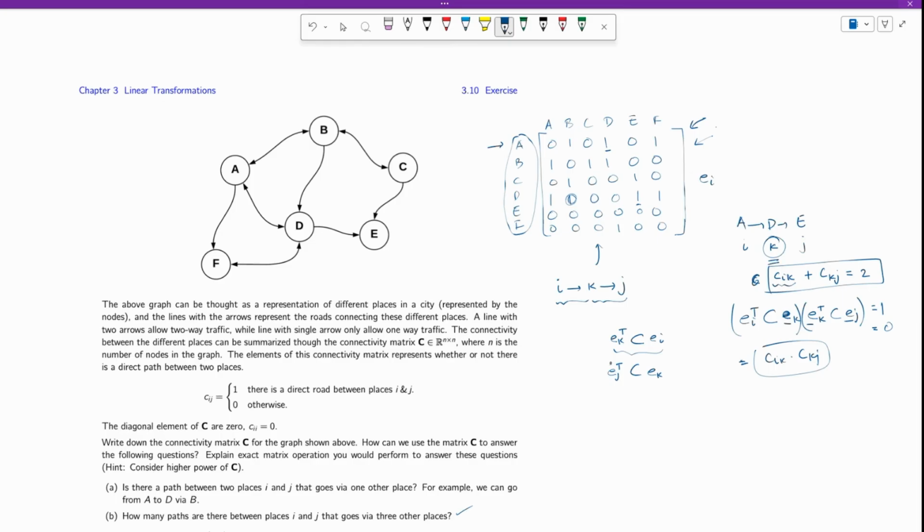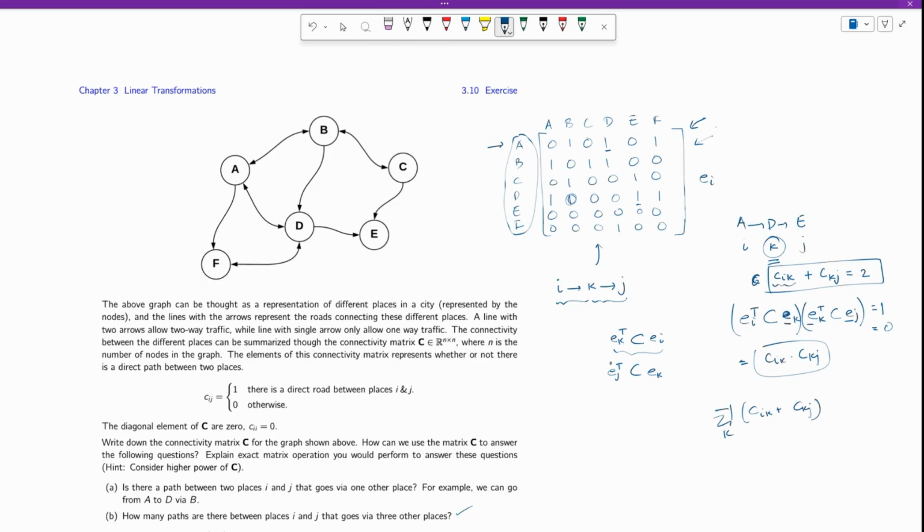Well, simply iterate over all possible k's. Go through all k's. So if I do Cik plus Ckj and I find the sum over all k, will that work?